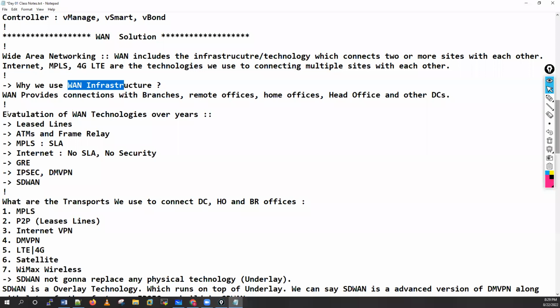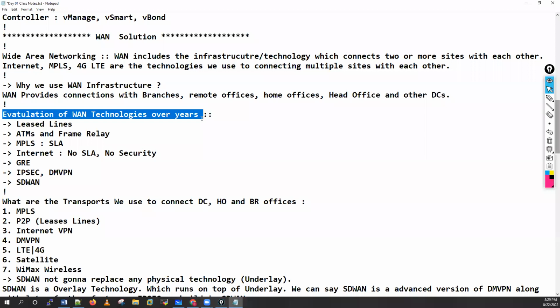Now, guys, what we will discuss, this is the most important part of it basically. How WAN evolved over the years, or we will see WAN evolution. How WAN has evolved over the years basically, right?